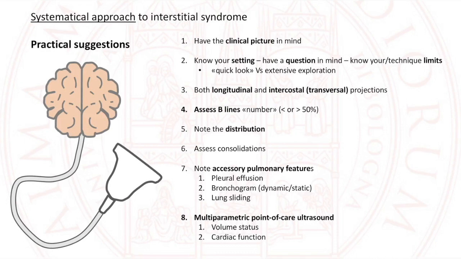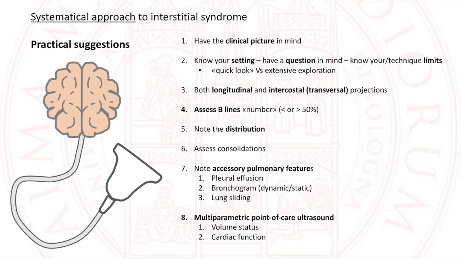But if we want to assess the whole surface, then we would take our time and make an extensive exploration of the lungs. Use both longitudinal and intercostal projections to add both anatomy recognition and pleural line sensitivity.